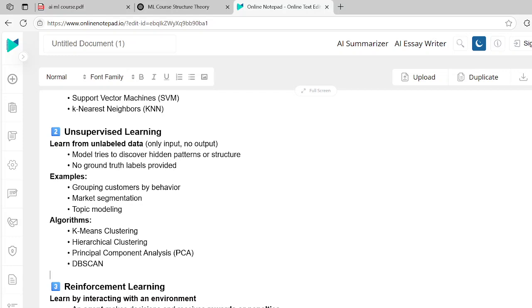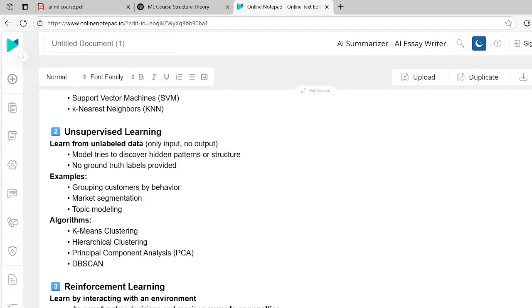Let's look at a few examples to make this clearer. Grouping customers by behavior: we're sorting the customers by their behavior, not by their name or any other fields that they are defined with, in terms of labeling. Then we have market segmentation, and topic modeling.